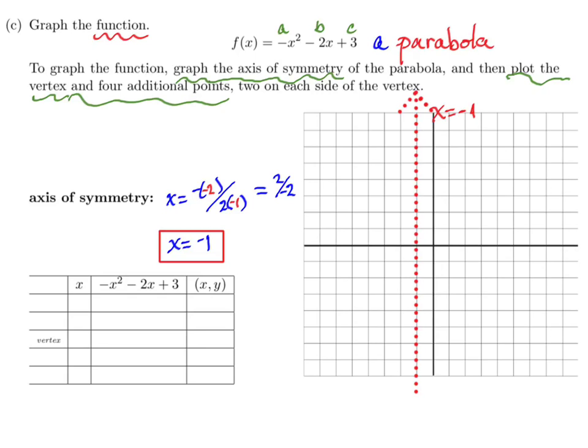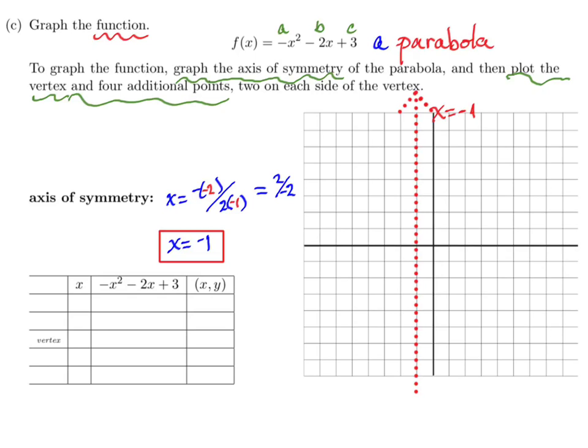So then when we begin filling in the table, we always start with the vertex. The vertex is always going to sit on that vertical line that we just drew. So the x-coordinate of any point on that line has to be -1.